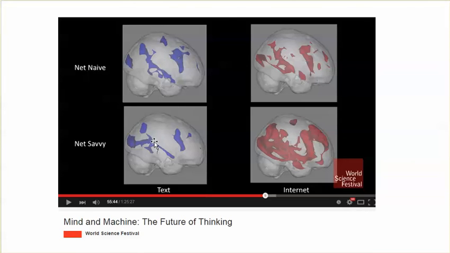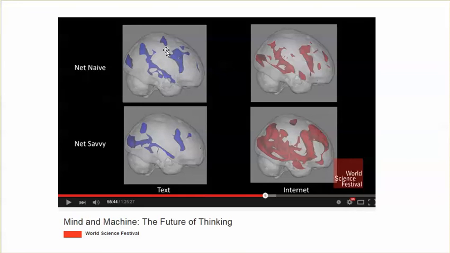Look at this here. They took a person who is what they call net naive, who has never been on the internet and has no idea how to search the internet and so on. So they did a brain scan of a net naive person around 60 years of age as the person was reading a book, a text. And look at this, what fired in the brain.